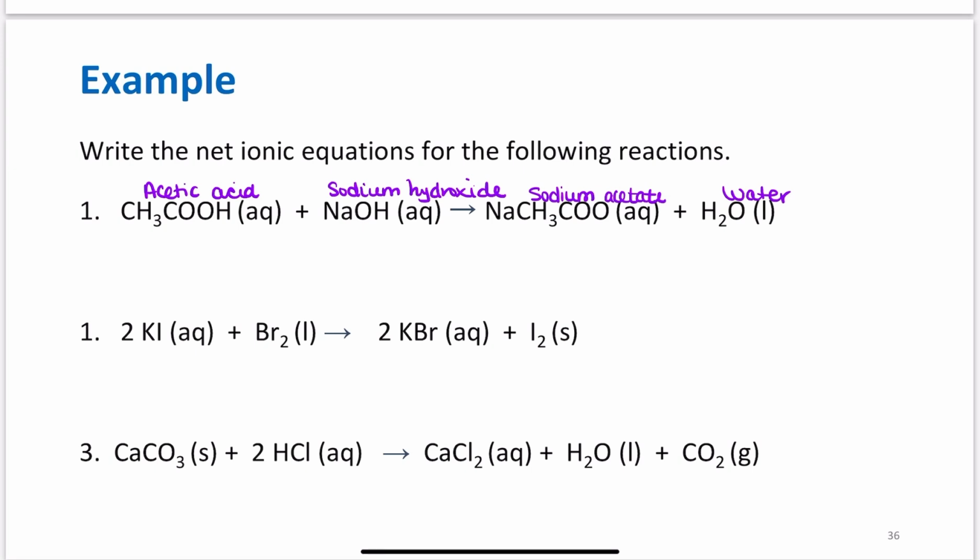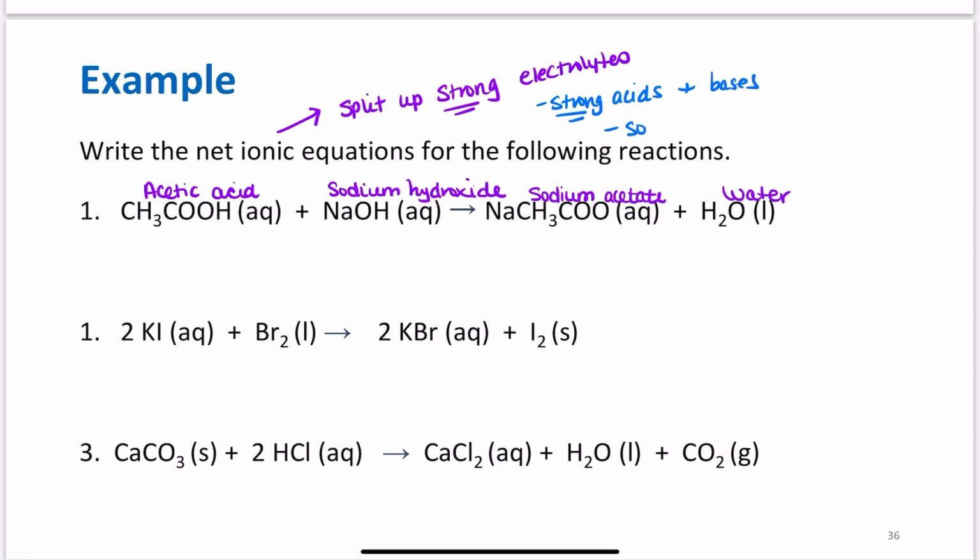So split up your species that are strong electrolytes. Again, this is your strong acids, strong bases, and soluble salts.